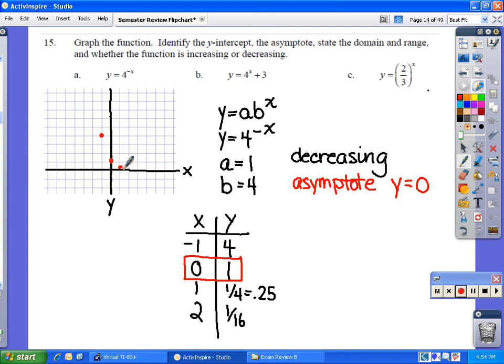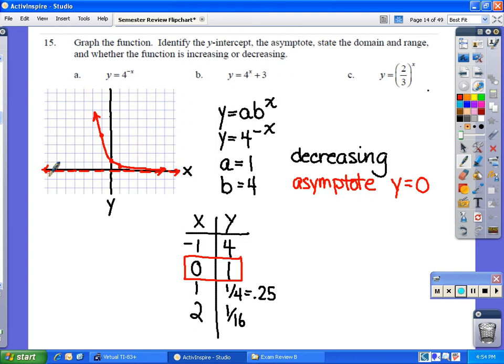And at 2, we're at 1/16, so we're getting closer and closer to that x-axis. We never actually reach it. That gives us our asymptote, which we can draw in here as a dotted line right on the x-axis. And that would be our basic graph.